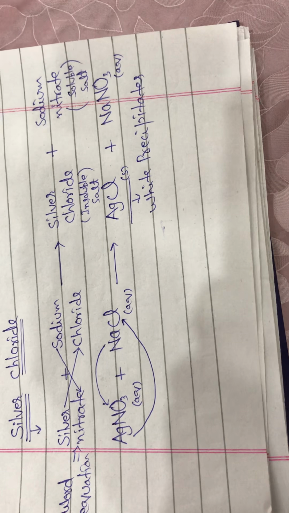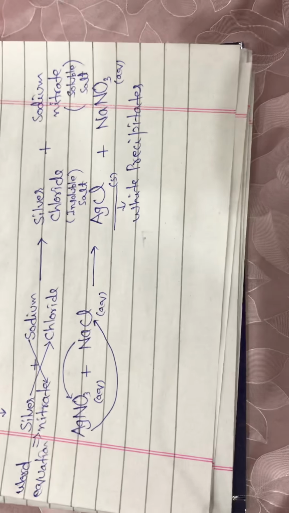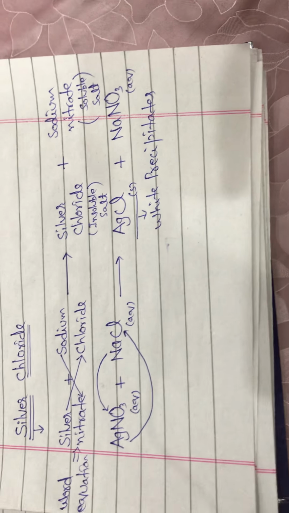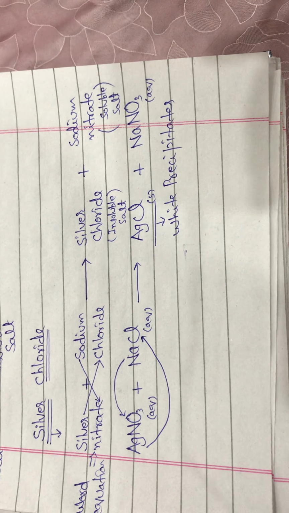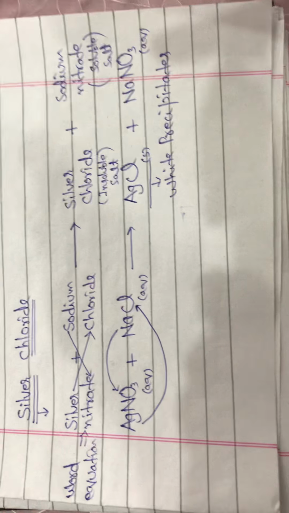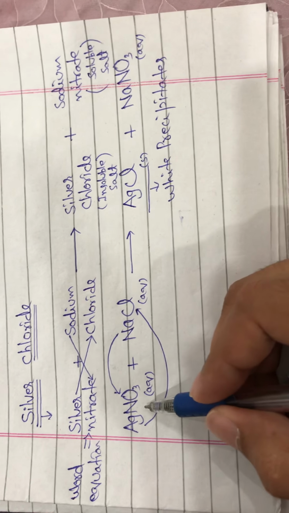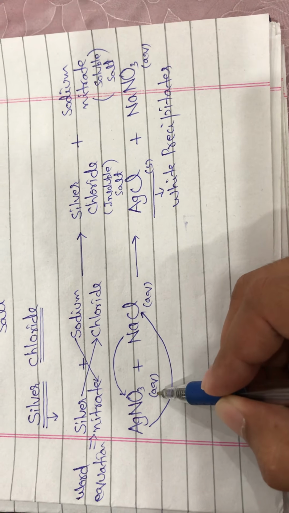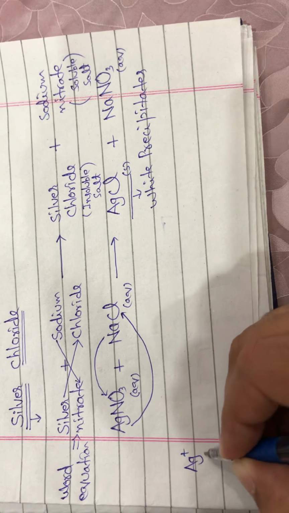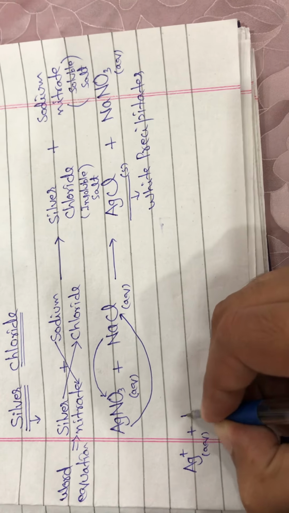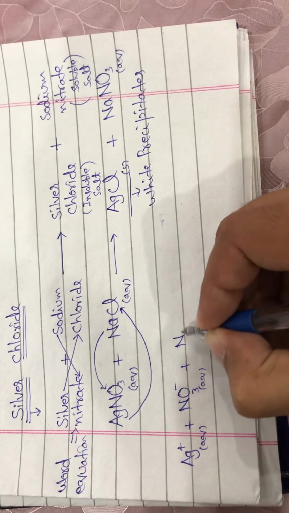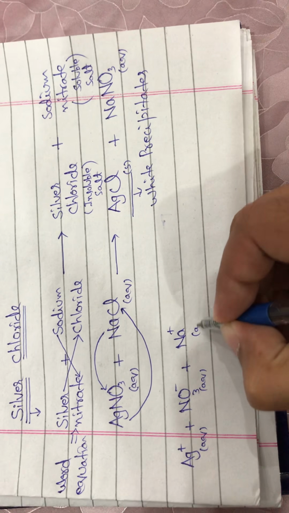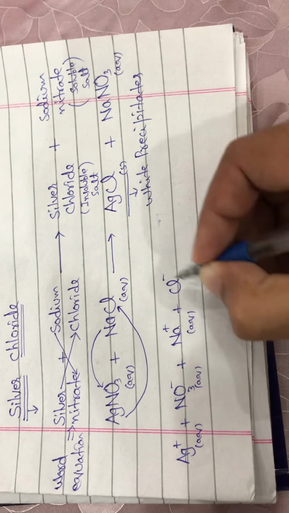Now we can also write the ionic equation from this chemical equation, the symbolic equation, as you have already learned in your previous lessons. So we can split the aqueous substances into ions: from silver nitrate we can write the silver ion plus nitrate ion, plus sodium ion plus chloride ion.